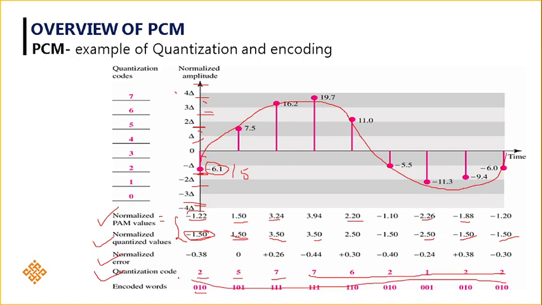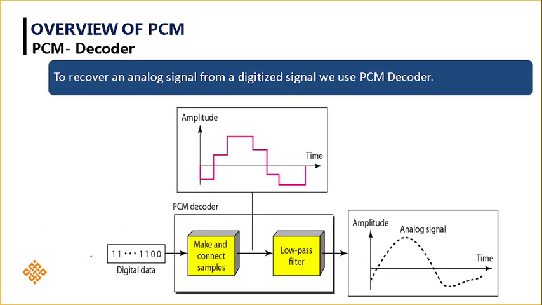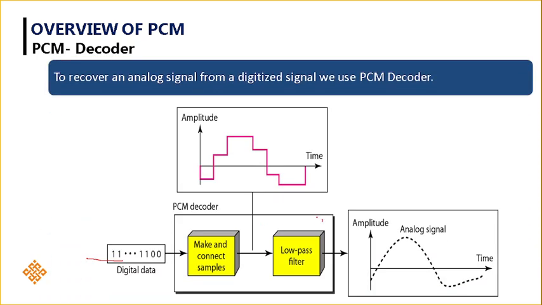Once we got these encoded words, you pass them to the last step, that is nothing but the decoder. So we have converted our analog signal into digital data. If you want to convert it back from digital data to analog signal, then we have what is known as the pulse code modulator decoder. You pass that digital data, 0, 1, 0 and all those, to this pulse code decoder.